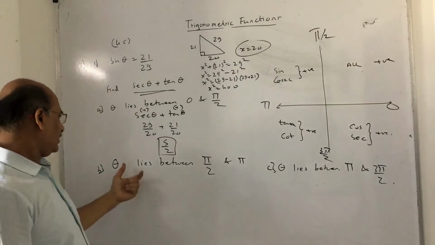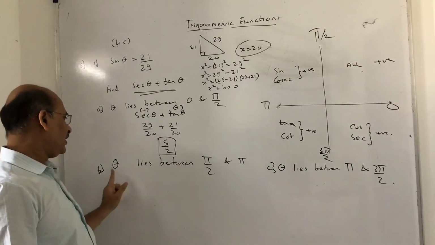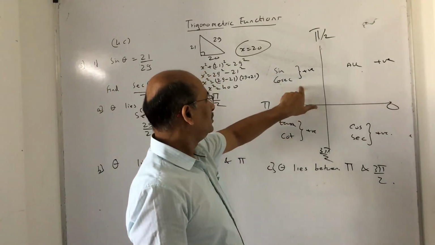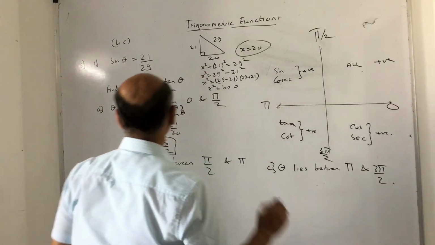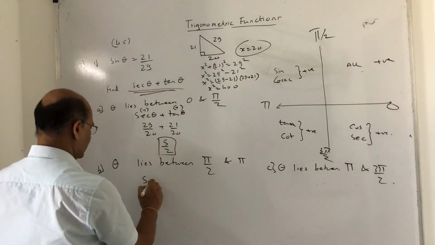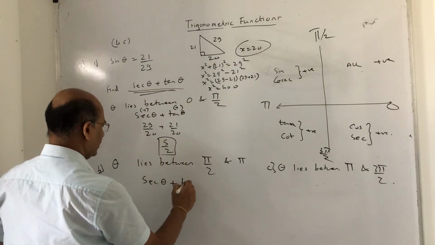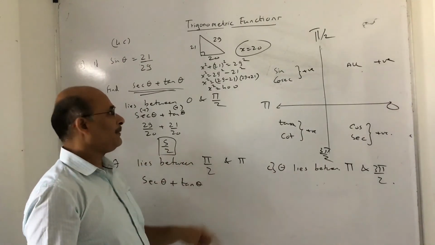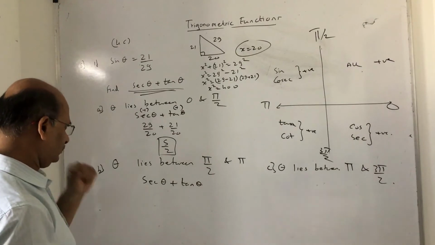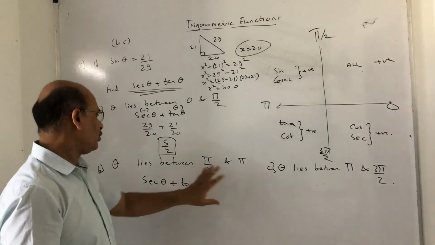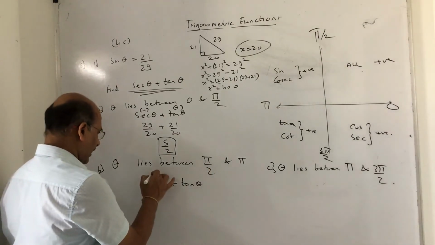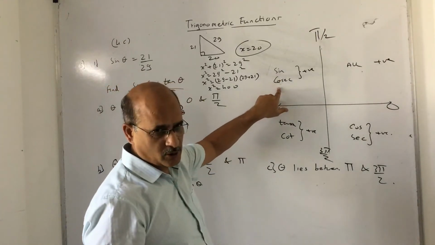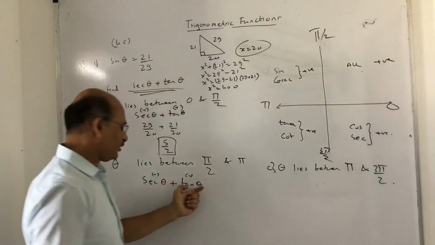Now let us talk about the second possibility, that is theta lies between pi by 2 and pi. Tell me, pi by 2 and pi is in which quadrant? Second quadrant. The expression doesn't change, so it is sec theta plus tan theta. In the second quadrant, sec is negative and tan is also negative, because in the second quadrant sine and cosec are positive, and all other trigonometric ratios are negative.